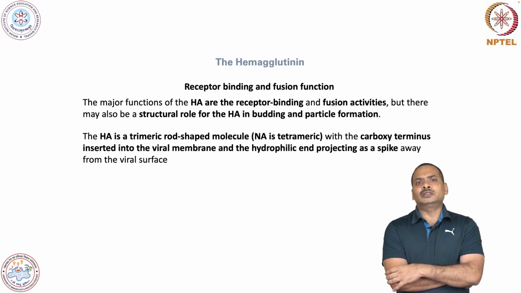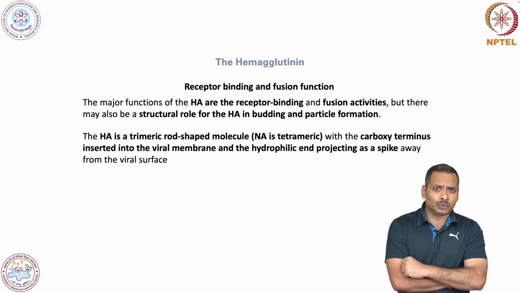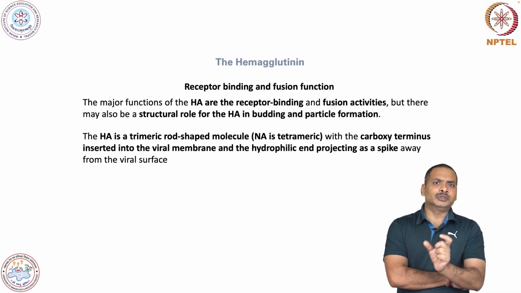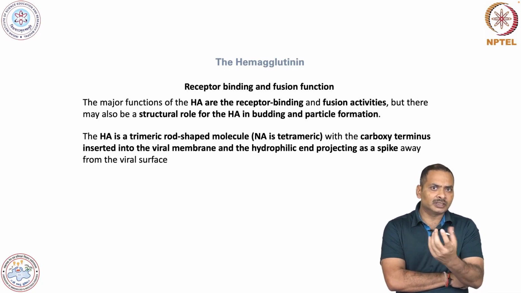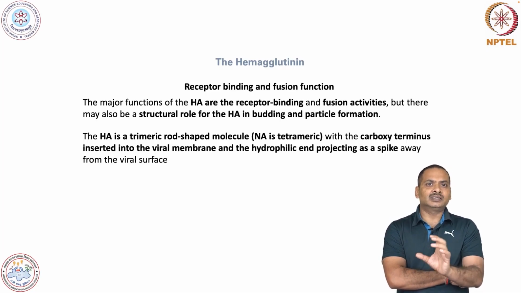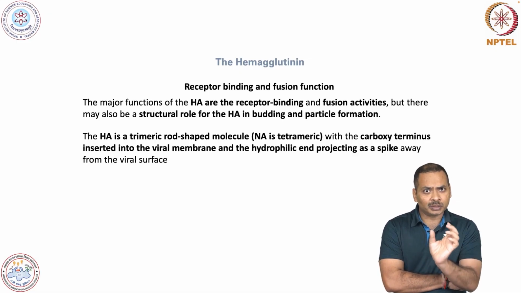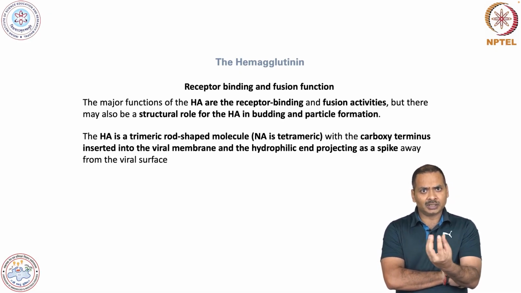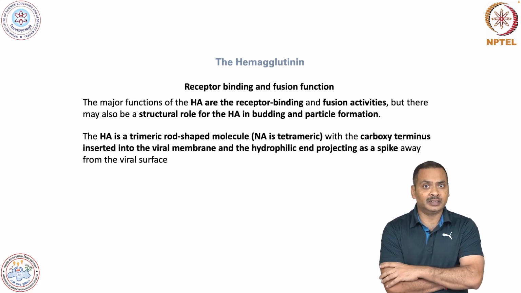HA is basically a trimeric protein. There are 3 subunits; the functional unit is trimeric. In contrast, NA is tetrameric. There the 4 subunits come together and make a functional NA.